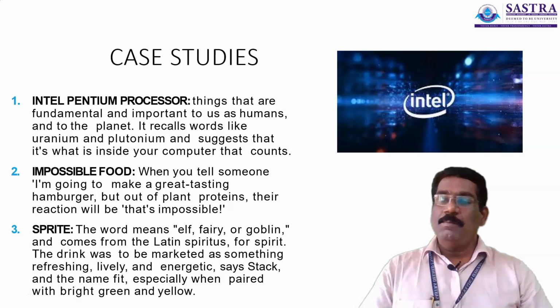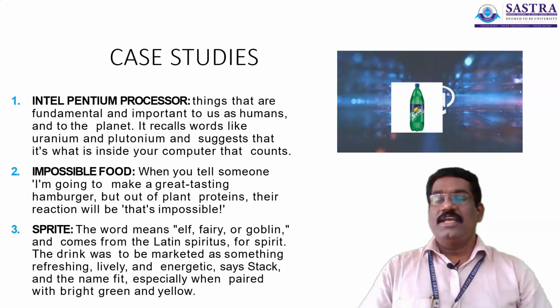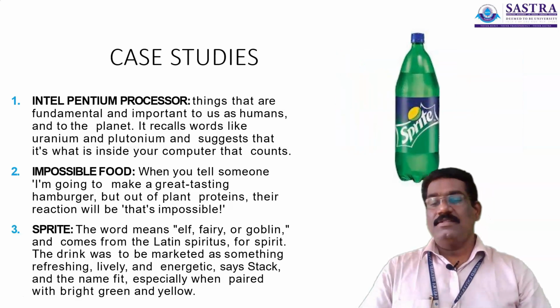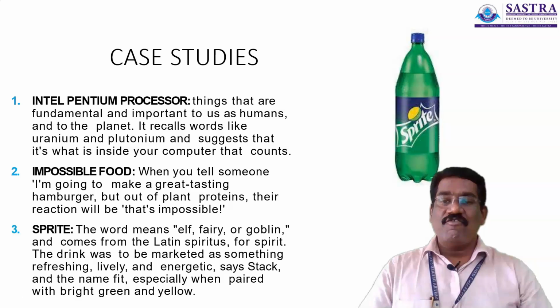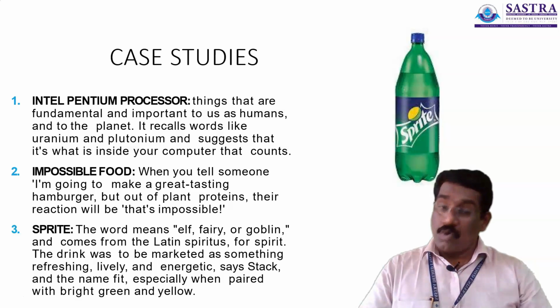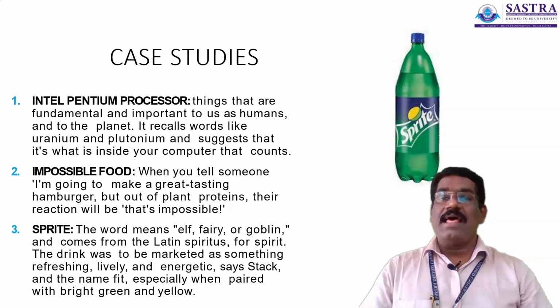And next one is Impossible Foods. When you tell someone, I'm going to make a great tasting hamburger, but out of plant proteins, the reaction will be that's impossible. So next one is the drink, Sprite. The word means elf, fairy, or goblin, and comes from the Latin word spiritus, for spirit.